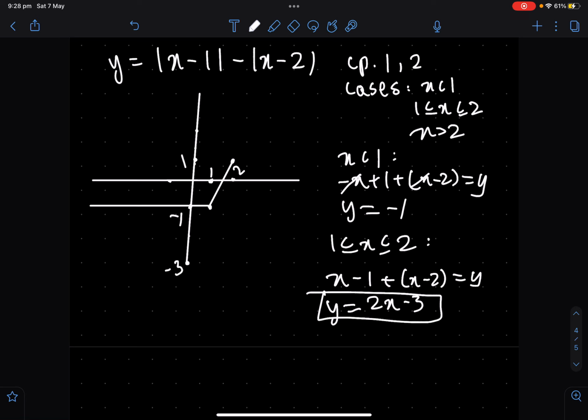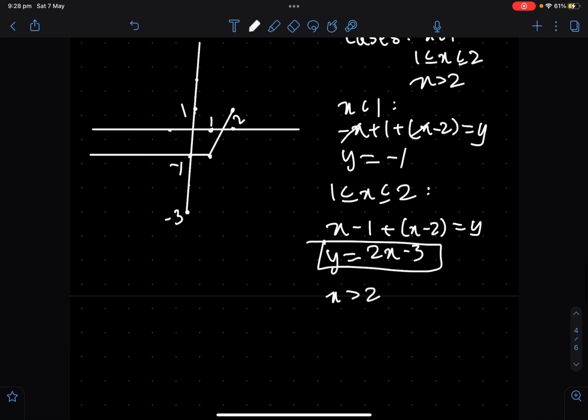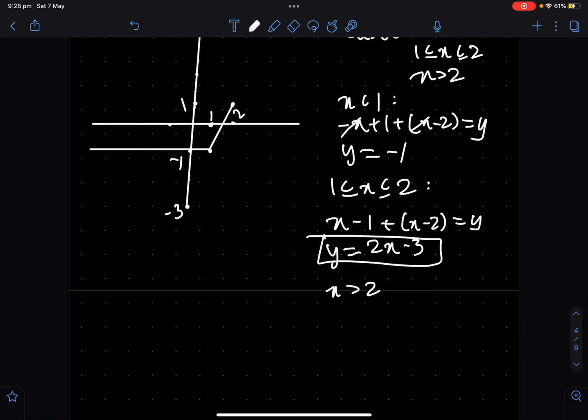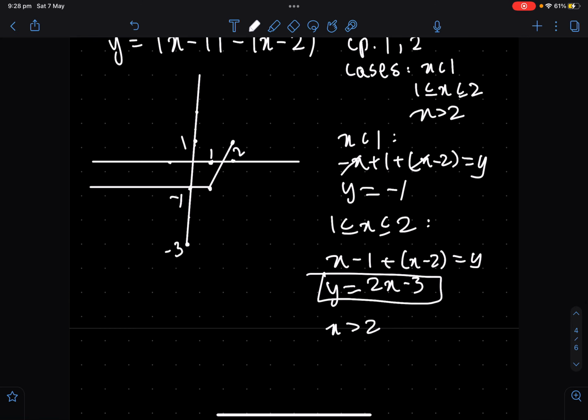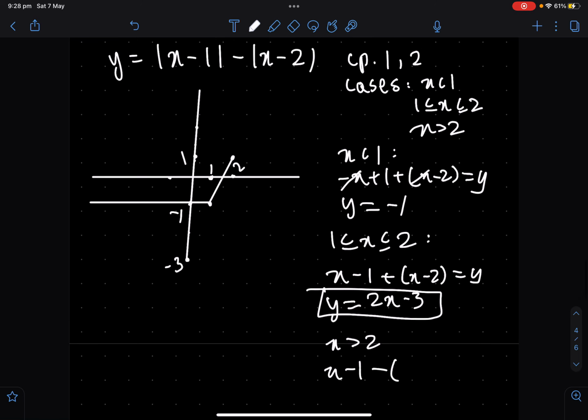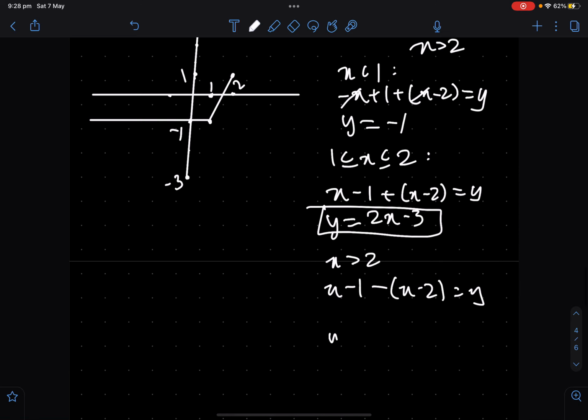Now, on to our last domain, where x is greater than 2. Plugging that into our function, we would get x minus 1 minus, and plugging in a number greater than 2 will make our second absolute value always positive, so we don't have to change anything for that one, and that is equal to y. This x cancels out.